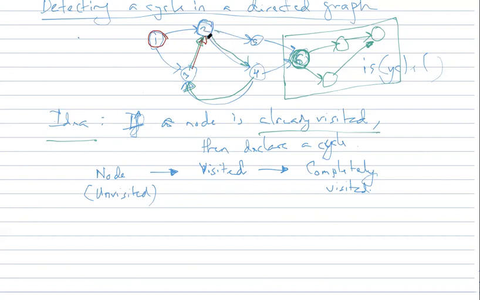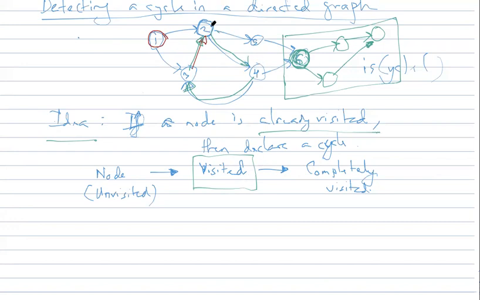And in that process, I'm encountering another node which has got a visited status. And that tells me that I have hit a cycle. So cycle is something that you are in the process of visiting. You have not yet completely visited, and you are encountering the node one more time while it is visited. Is that clear?